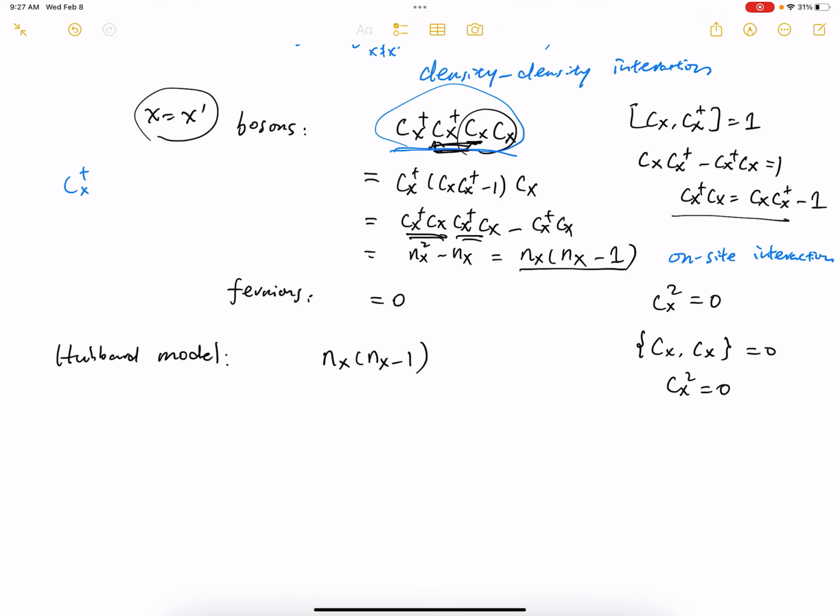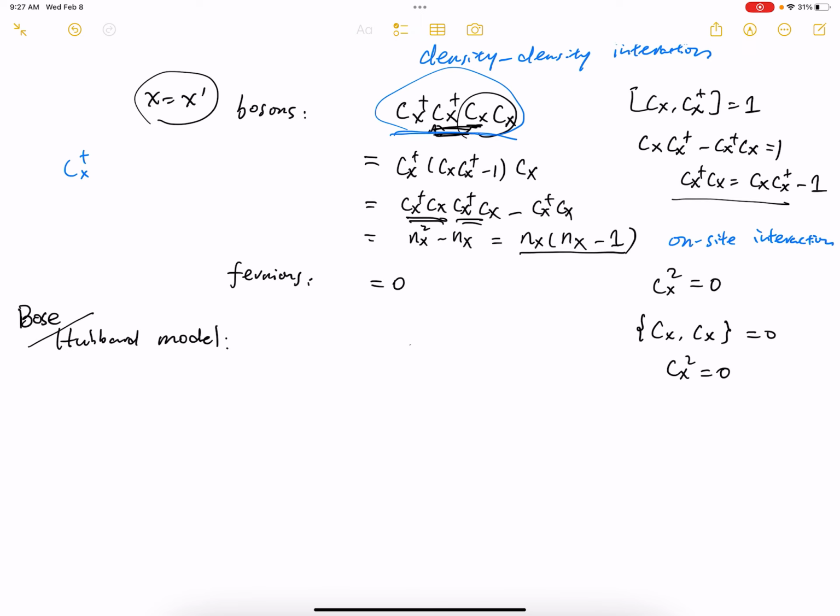This is sometimes called, let me actually write the full thing here. Let's call this the Bose-Hubbard model. Suppose we have bosons, then the Hamiltonian will be given by something like this.